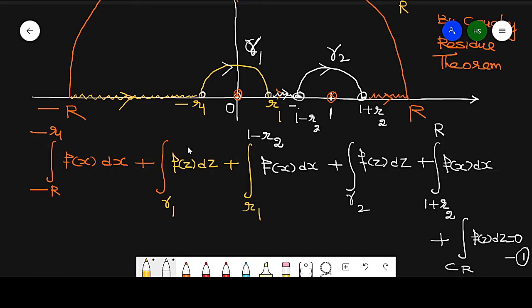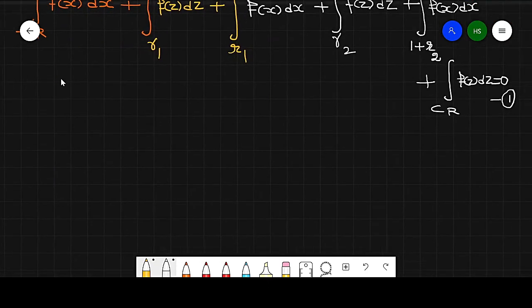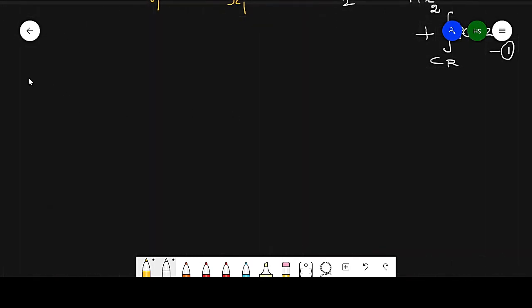Now first of all, I find the value of this term, the integral over CR, around the origin 0 with R approaching infinity. So first I take the limit by using that method. I will find the limit as z approaches infinity of z times f(z).